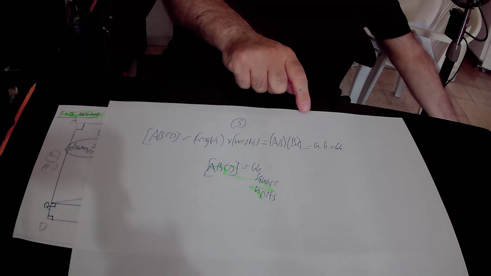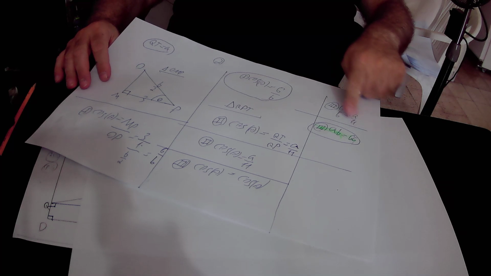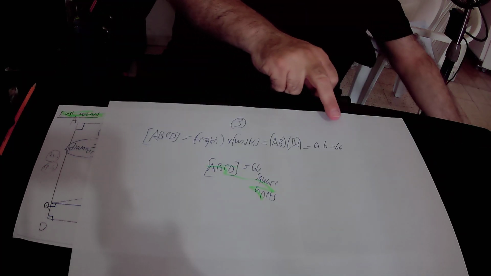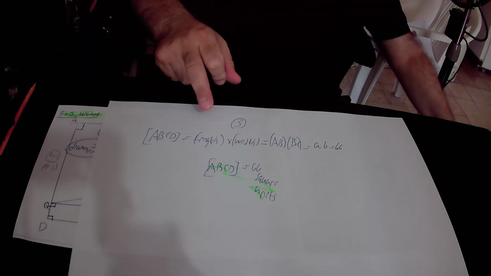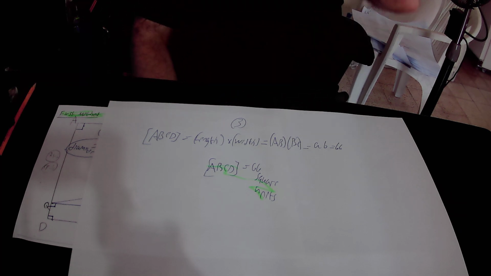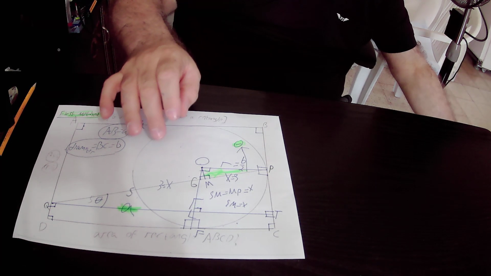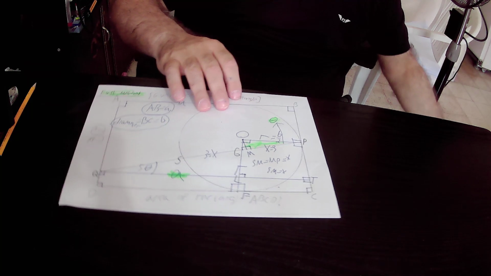But we just found that ab equals 66. So in conclusion, the area of rectangle ABCD equals 66 square units. We finished with the first method, then I presented how to find the area of this rectangle ABCD according to the second method.